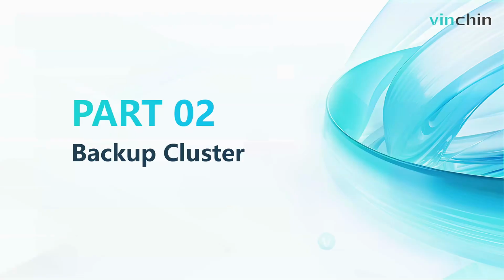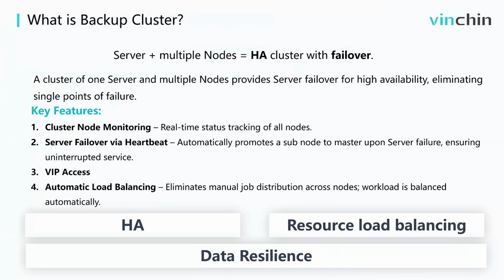In this version, we also add the backup cluster for Vinchin itself. It contains one Vinchin server and multiple Vinchin nodes, merged into an HA cluster with a failover, to ensure high availability.